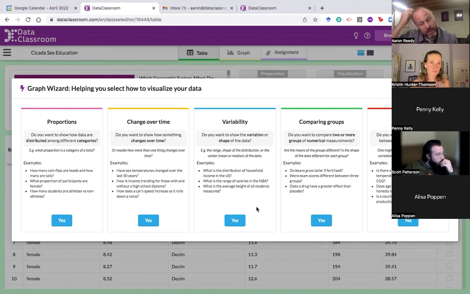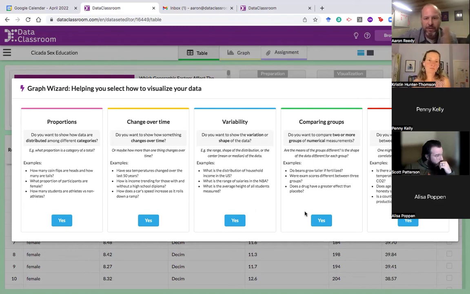We can ask questions about variability. What is the shape of the data or the distribution? We can ask questions about comparing groups. Is head width different between males and females, or is head width different among the 3 species groups? Or we can ask relationship questions, like, how does altitude affect head width, where you're looking for a relationship between numeric variables.